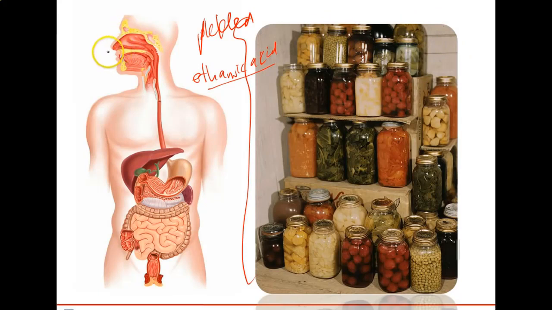In our human body, the pH changes from our mouth all the way down into our stomach. Our stomach is acidic. Our small intestine is actually a bit alkali. So you notice the pH changes as the food moves through our body. Okay? So why do the different parts of our digestive system have different pHs?